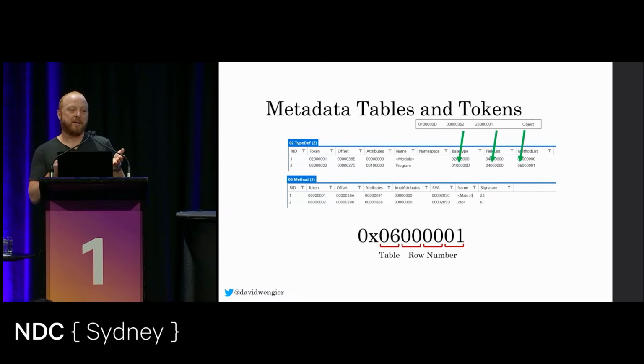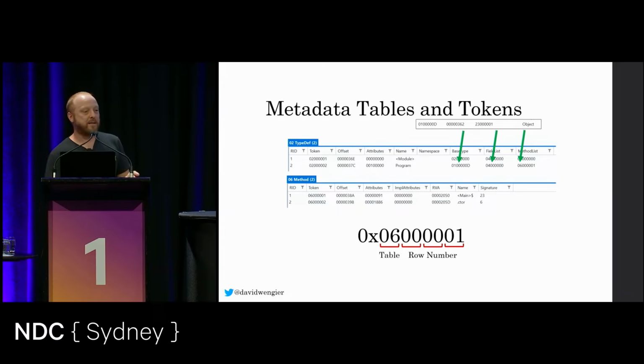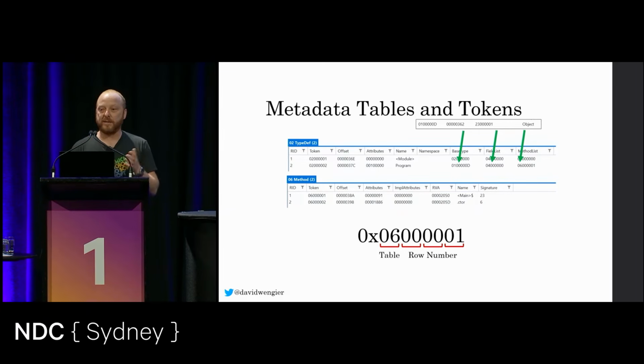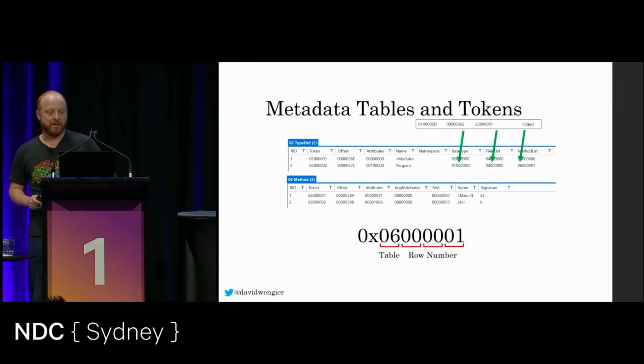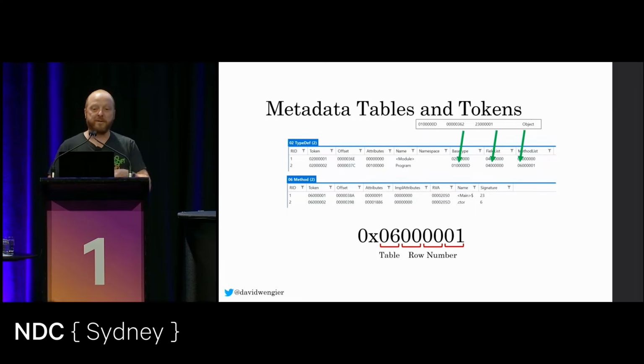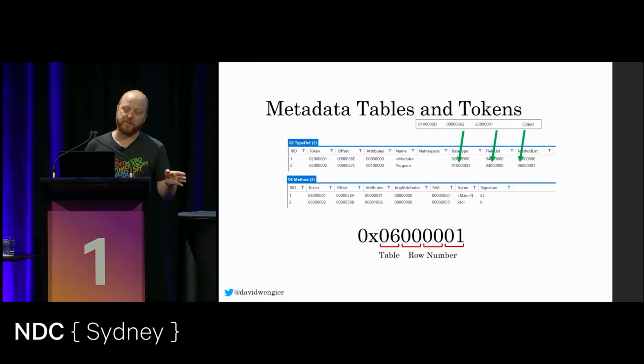And the parent for any attribute tells you which thing the attribute is applied to. And that's all it needs. All it needs is a parent column that is a token, and those tokens already tell you what type of object it is. So it's a very efficient way of storing it. In 4 bytes of information, we can know exactly what an attribute is applied to. So efficiency is goal number 1.